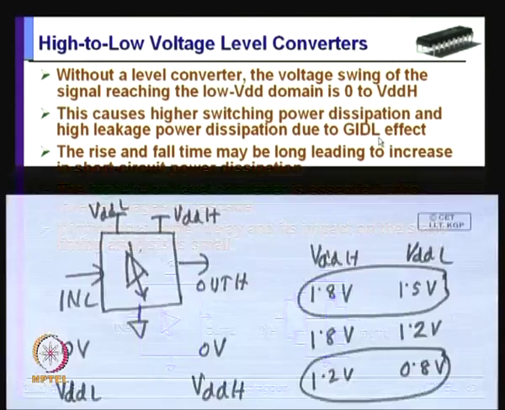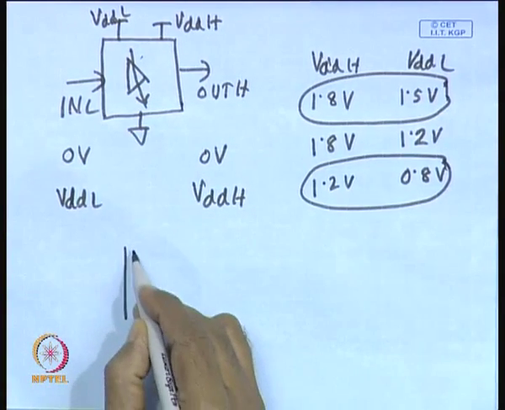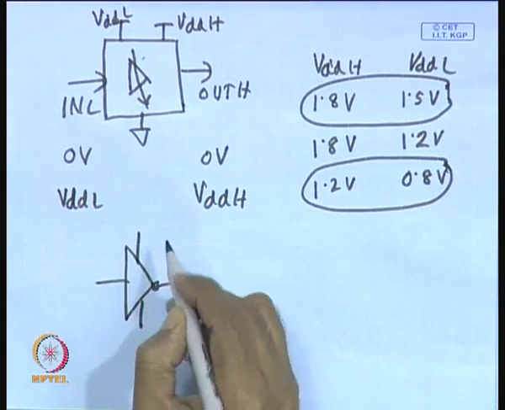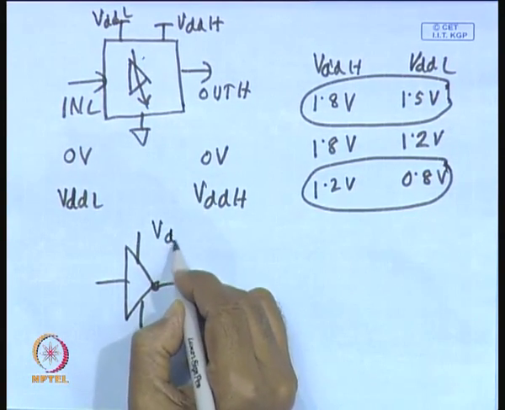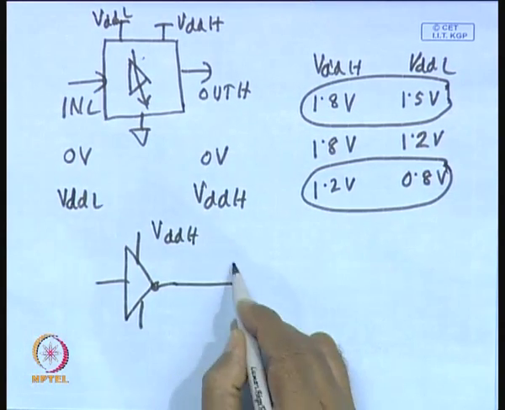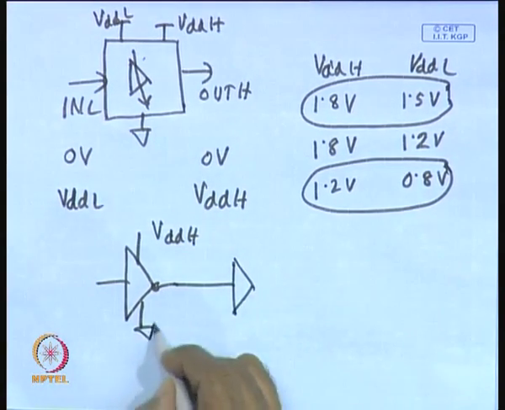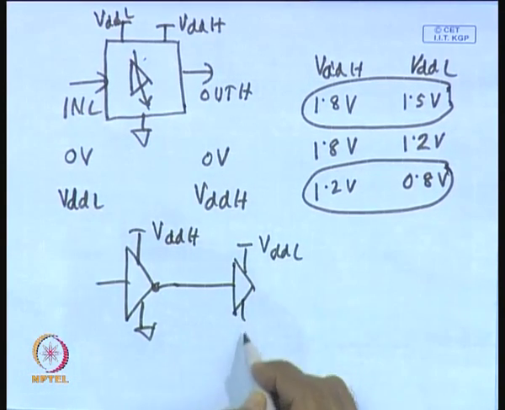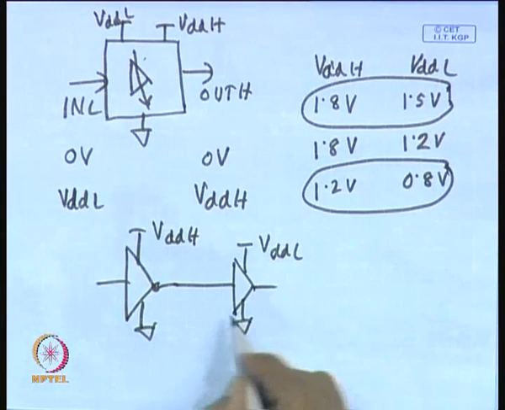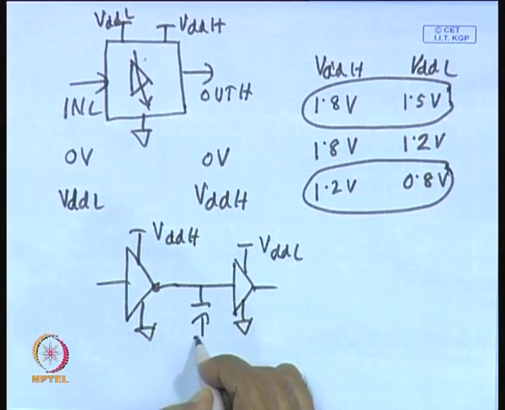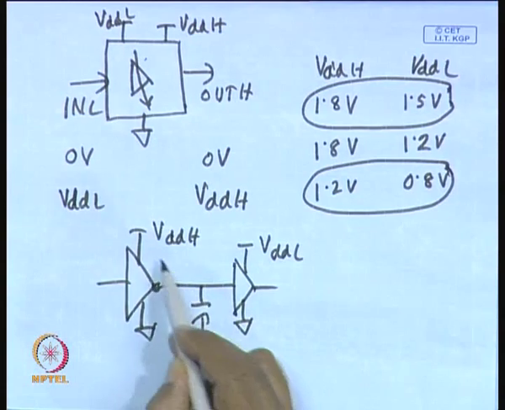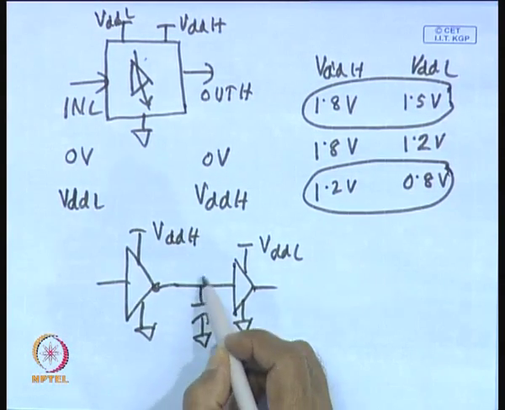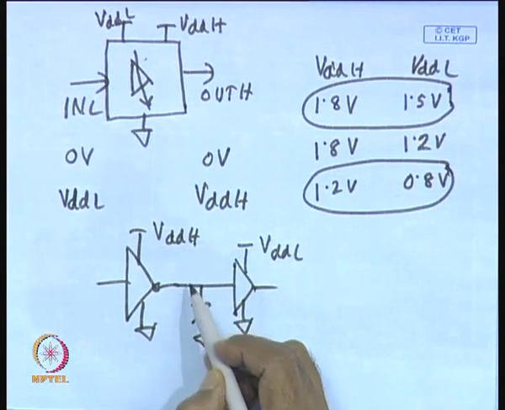That means, in this case, an inverter which is operating at high voltage domain VDD H is driving another inverter which is operating at low voltage domain. There is a load capacitor which has to be charged and discharged corresponding to these voltage domains. The power dissipation will increase because the voltage is high.